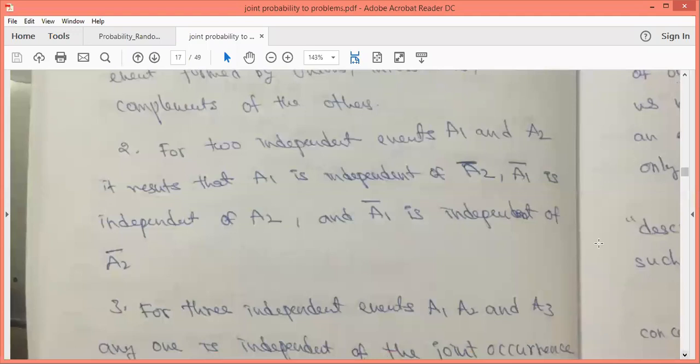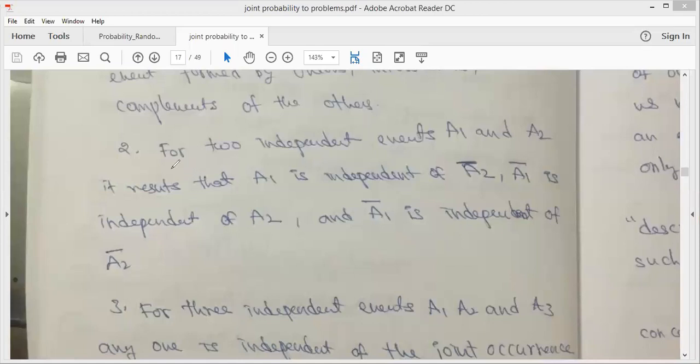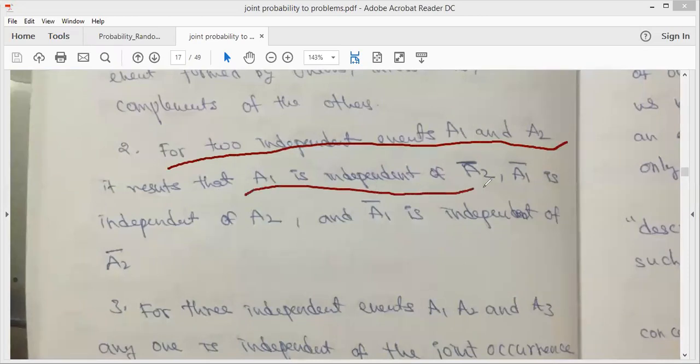In the second property, if you have two independent events, A1 and A2, it results that A1 is independent of the complement of the other event, that is A2 complement, and A1 complement is also independent of A2, and A1 complement is independent of A2 complement.